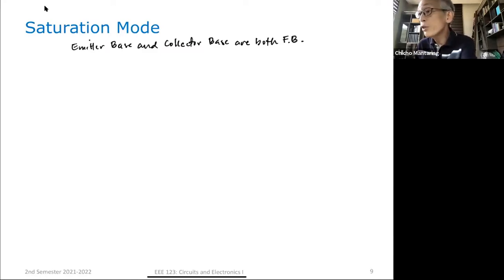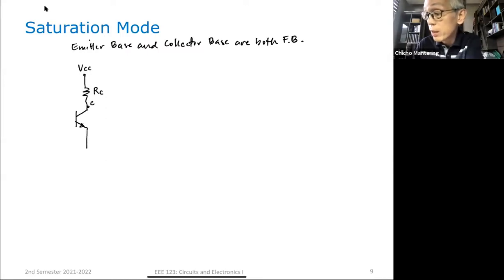In order to illustrate what saturation is, I'm going to show you a typical circuit. So this is VCC, that's my power supply voltage. RC would be what we call the collector resistance that is connected to your collector. This is your collector. Emitter, I connect this to ground.